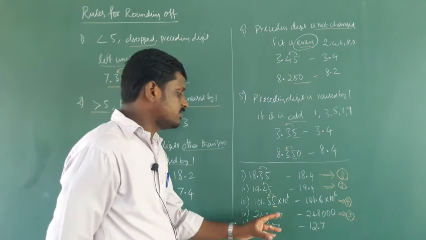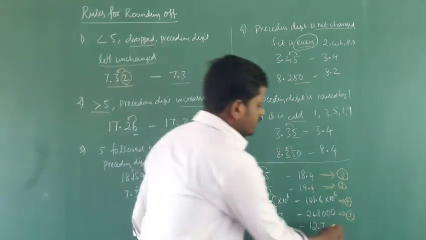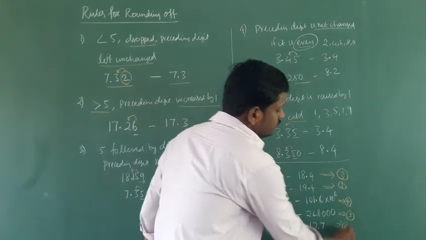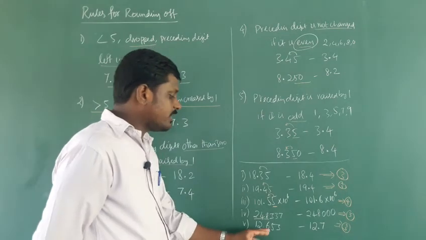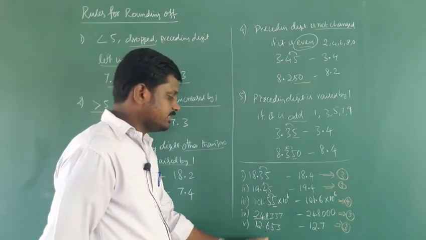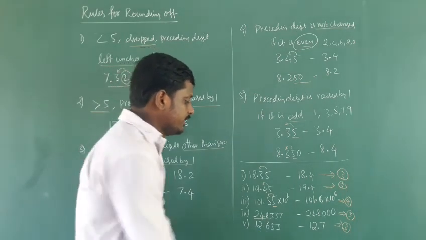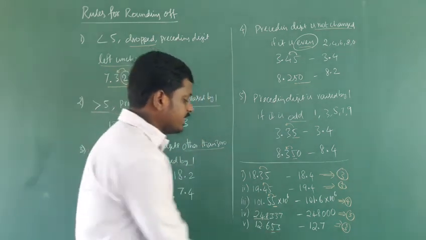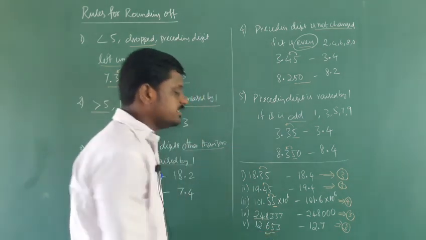Then 12.653, rounded off to 3 significant figures. I need to leave that 5 and check whether the preceding number is even or odd.